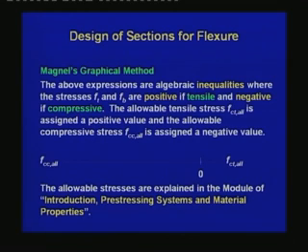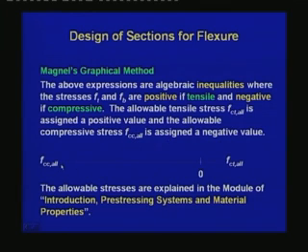To repeat, the above expressions are algebraic inequalities where the stresses Ft and Fb are positive if tensile and negative if compressive. The allowable tensile stress FCT allowable is assigned a positive value, and the allowable compressive stress FCC allowable is assigned a negative value.